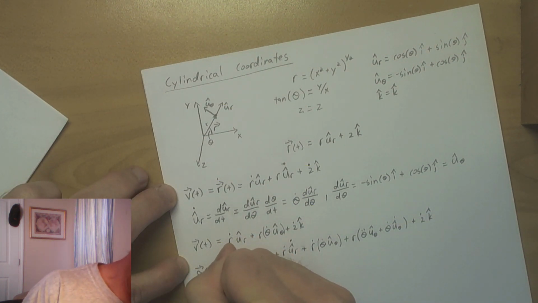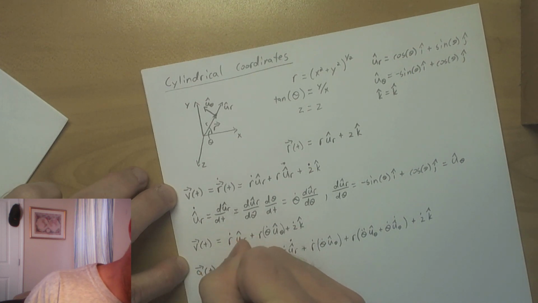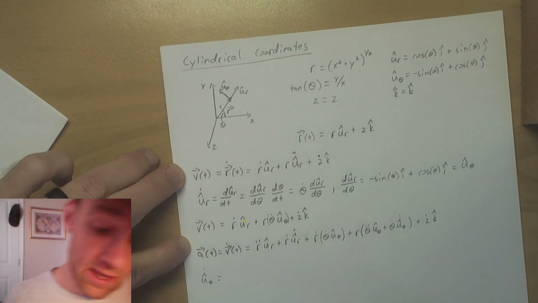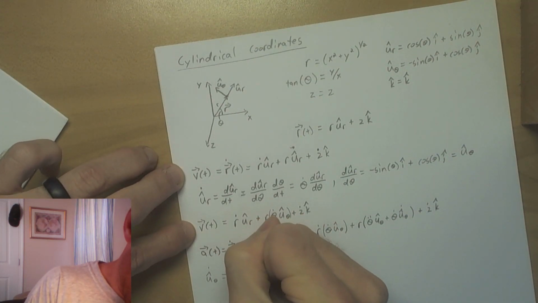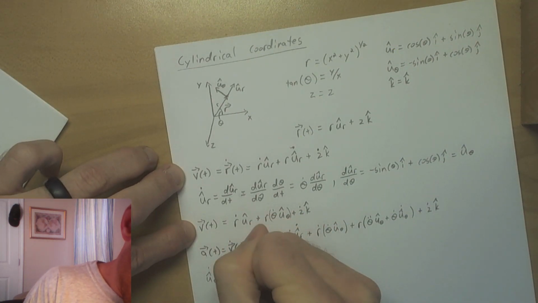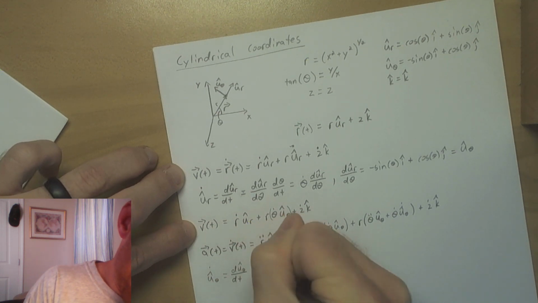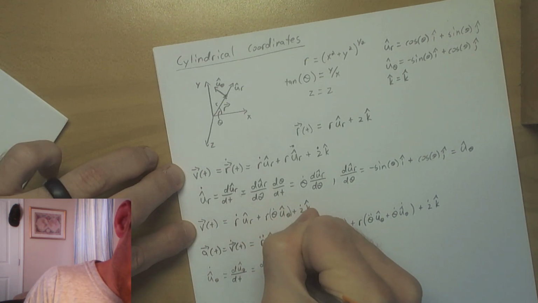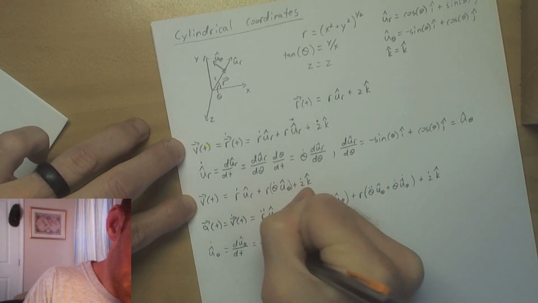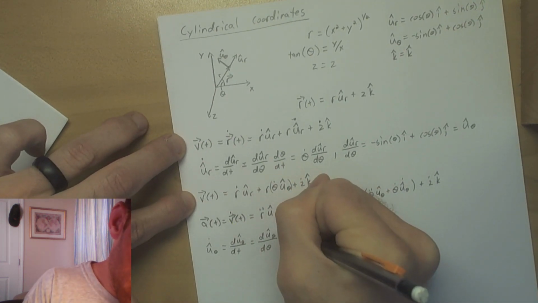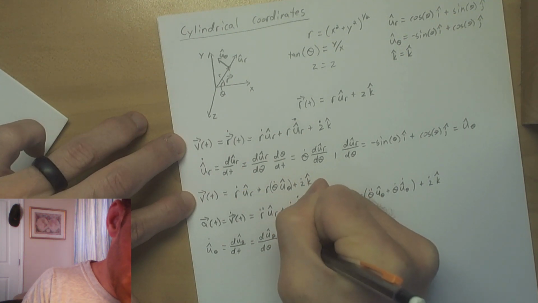So the time derivative of u sub theta is equal to the derivative of u sub theta with respect to theta times the derivative of theta with respect to time.